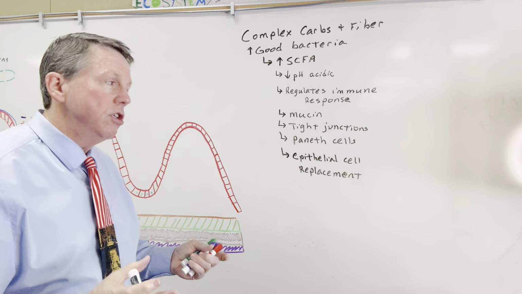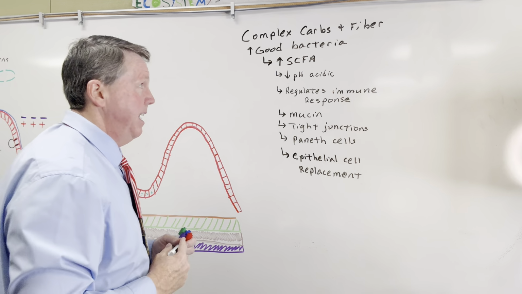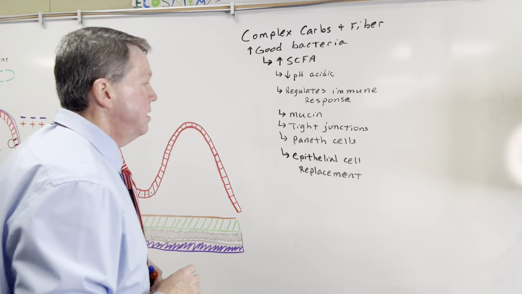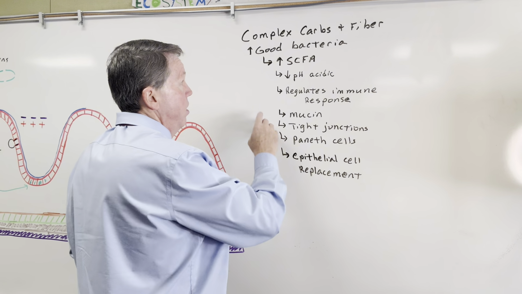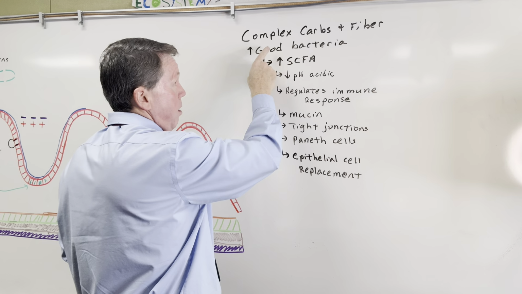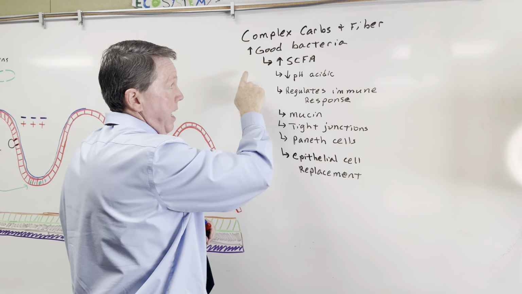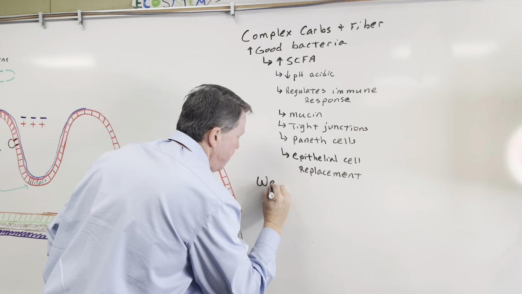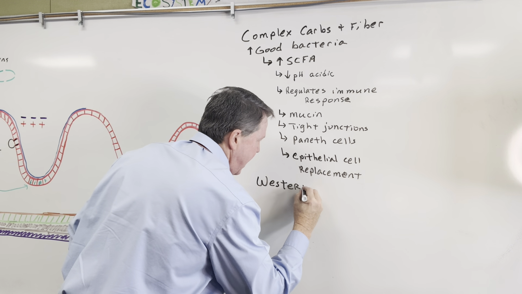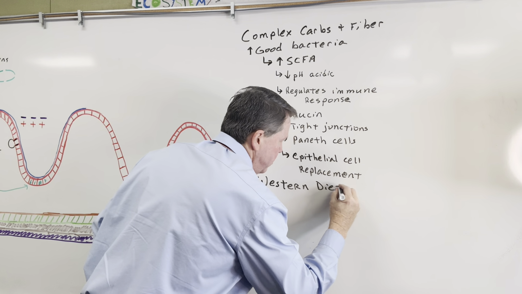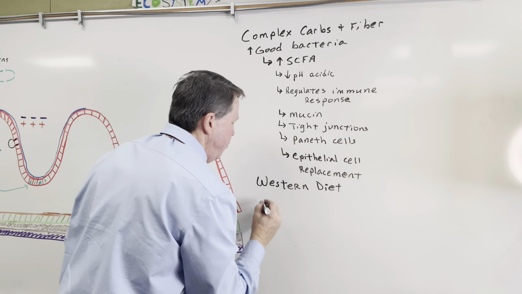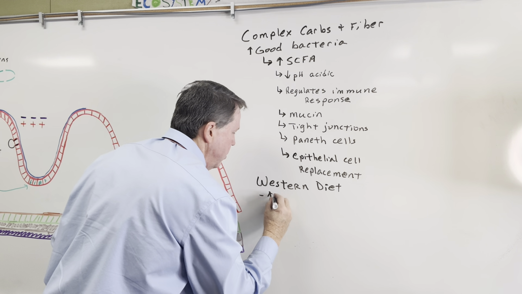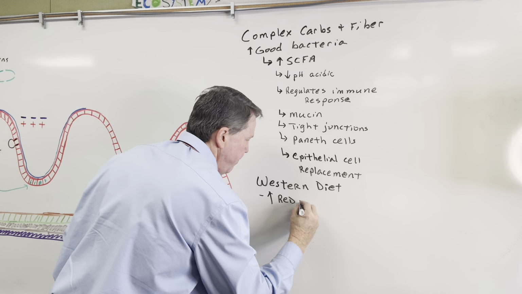Now, let's look at what happens when someone has a bad diet, okay? The first thing that's going to happen is we said complex carbs and fiber make good bacteria, right? Well, now let's talk about what a bad diet is. So in a Western diet, usually people eat a lot of red meat.